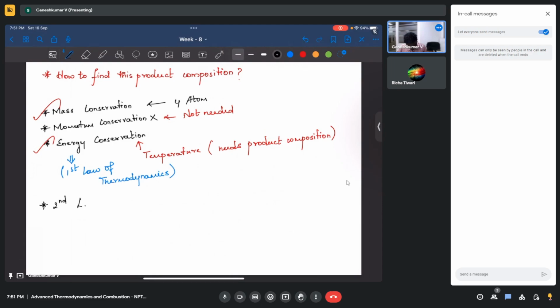You have to use the second law of thermodynamics, entropy. The second law says the change in entropy of the universe is always going to be non-negative. Entropy will always maximize. So you need to use this information to get the product composition.